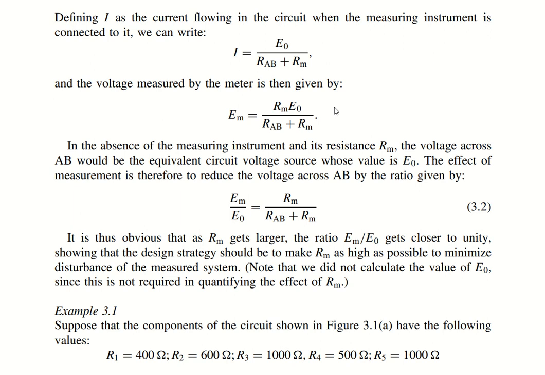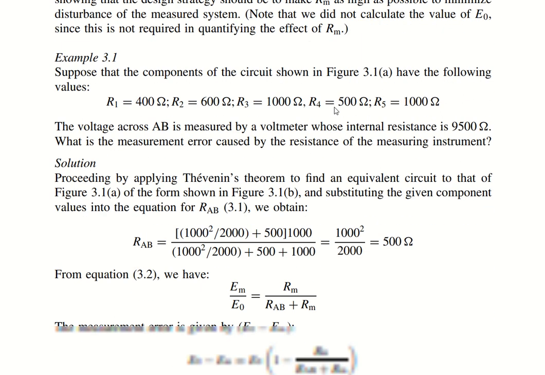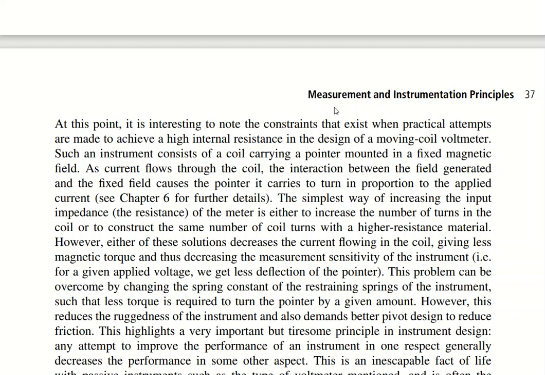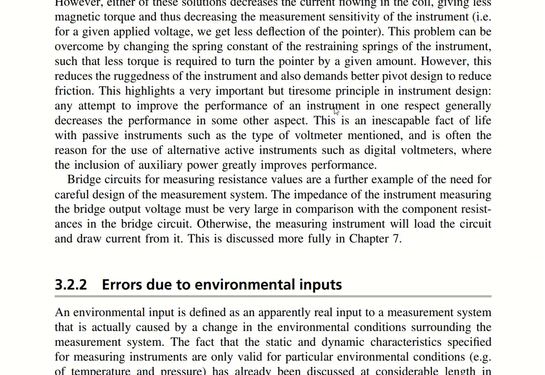So it follows that as RM gets larger, the ratio EM divided by E0 will get close to unity. And so the design strategy should be to make RM as high as possible to minimize the disturbance of the measured system. Then they have given an example. You can try that example as well.